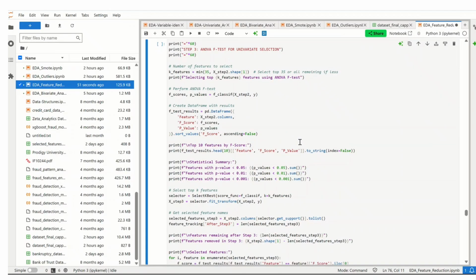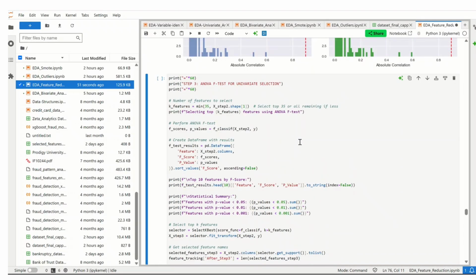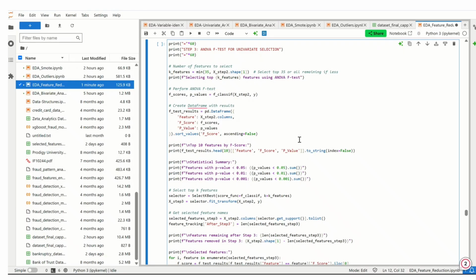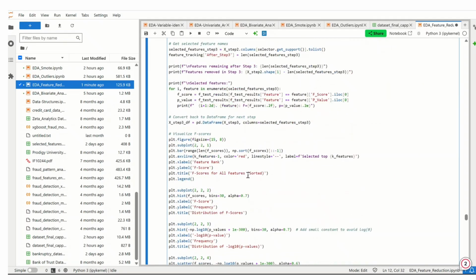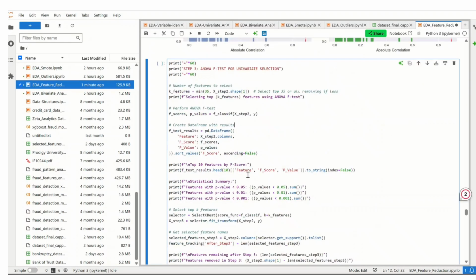Next we will do the ANOVA F test on the remaining features. In the ANOVA test the important thing is that for the top 10 features we'll find the F score, the p value, and the features with p value less than 0.05, 0.01, 0.001. We'll try to find all of them and see which features to drop.